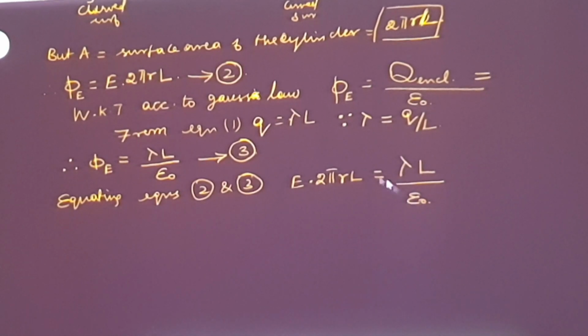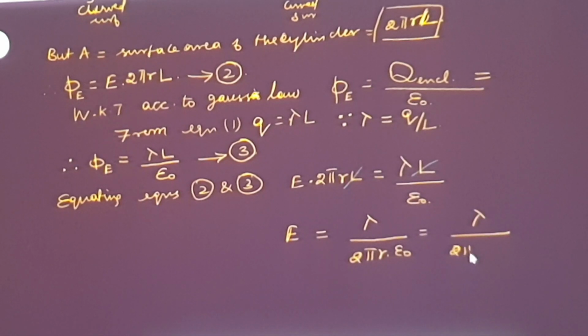Very well, you can cancel L with this L. What is the value of the electrical field now? The value of electrical field E is equal to lambda divided by 2 pi r into epsilon 0, or we can write lambda divided by 2 pi epsilon 0 into r.